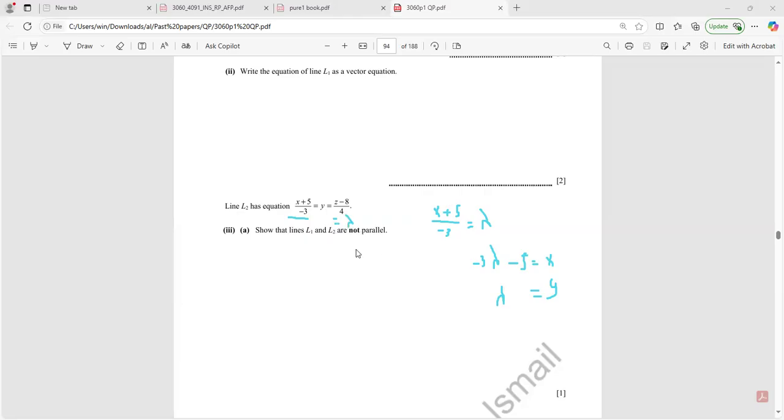So we said that 4 lambda, which equals 4 lambda plus 8, equals z. So here we're going to take the coefficient for the lambda, which is the direction negative 3, 1, and 4. Negative 3, 1, and 4 is not the same proportion or the same multiple of the direction of the L1, so they are not parallel. And we did it. Let's see the next.